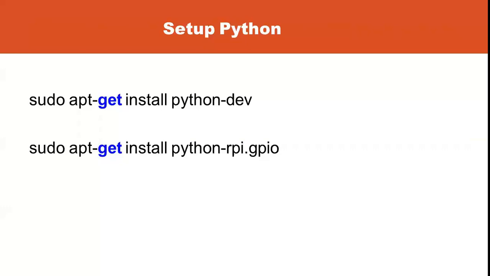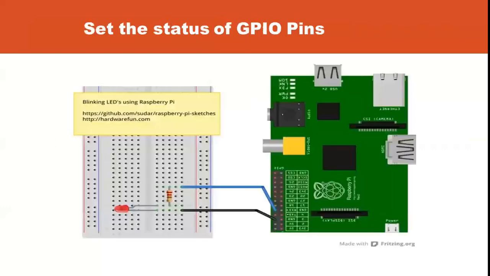The second one is the Python integration with the Raspberry Pi board. So just one application here to set the status of a GPIO pin. Here we shall see an example of how we can set the GPIO pin status.